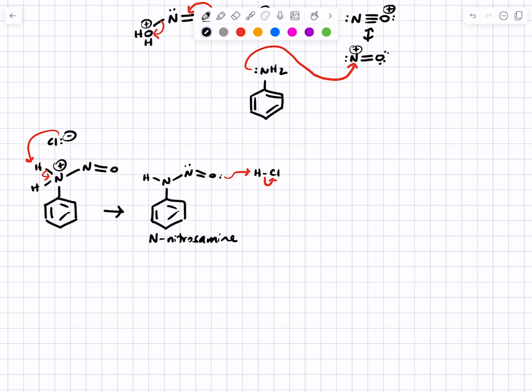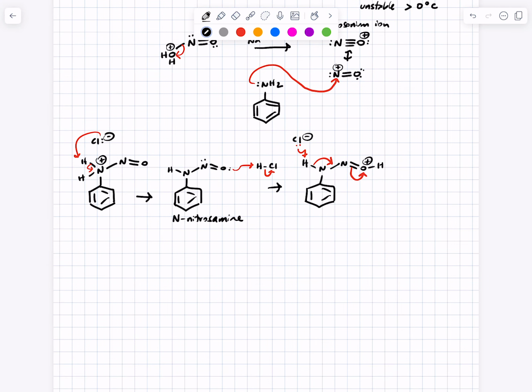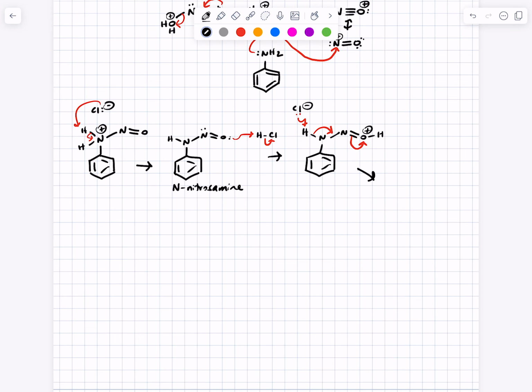Lone pair electrons on the oxygen pick up a proton from HCl, and that should polarize the nitrogen-oxygen pi bond, and it makes it possible for Cl minus to come back in, remove this proton, and do sort of an elimination reaction, or really it's a tautomerization reaction, where now the pi bond is between the two nitrogens.